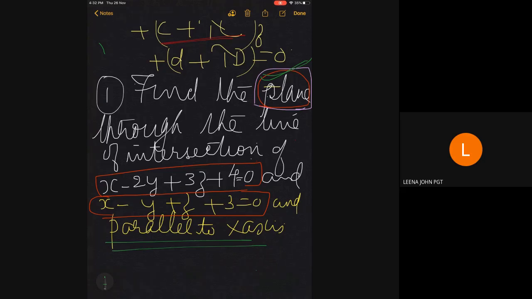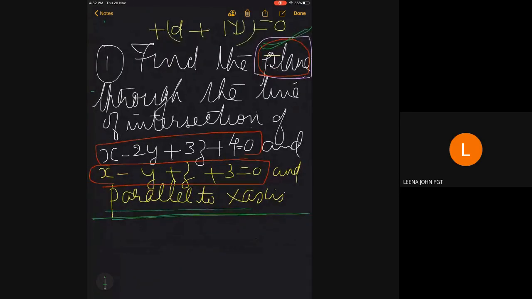While you assume the equation of the plane, you can consider any one of the given conditions. We have two conditions, and the easiest one is the first one.